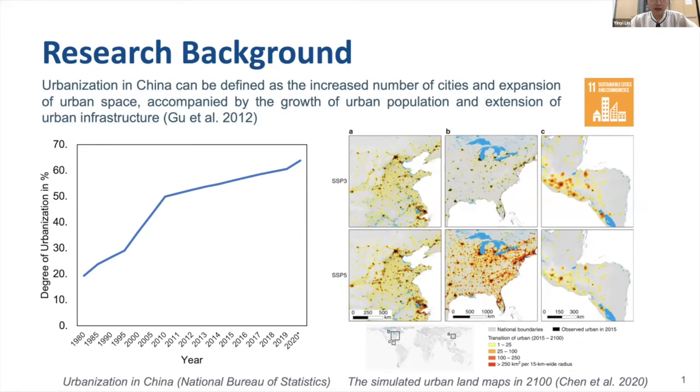Urbanization in China can be defined as the increased number of cities, the expansion of urban space, population growth, and the extension of urban infrastructures. In different scenarios, urban space has significantly increased, and specifically the impervious surface has also expanded.